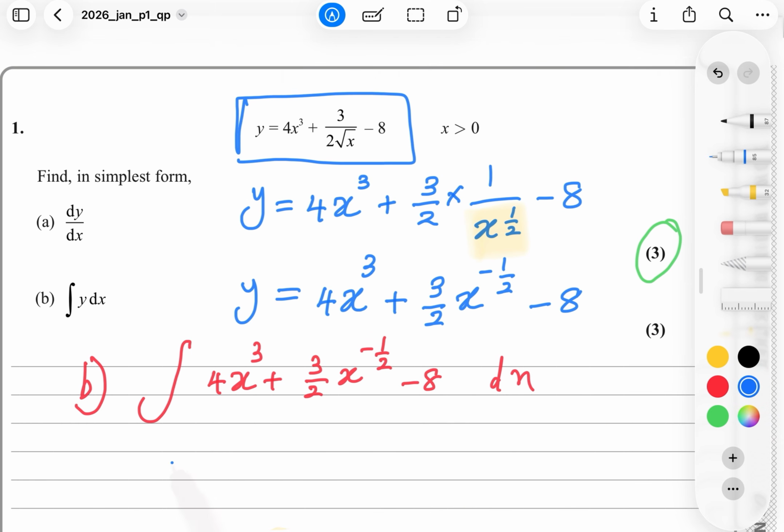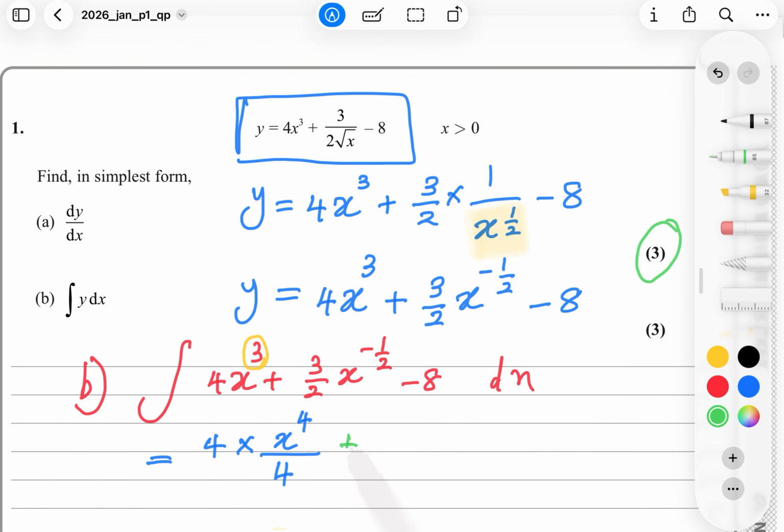So here the 4 will be there, and if you take this part out, it's going to be x to the power 4 divided by 4. If you wonder why the 4 comes, you have to do this 3 plus 1. That is our concept.